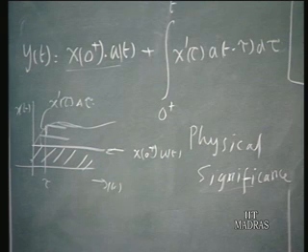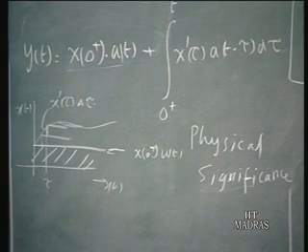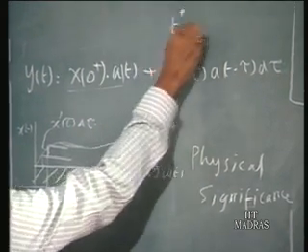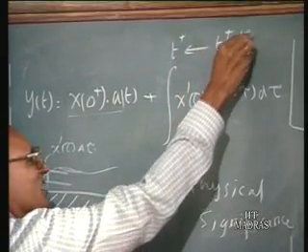Now, if there are impulses in the step response at the origin, suppose A of t has an impulse at the origin, to take that into account, you can put this as t plus.